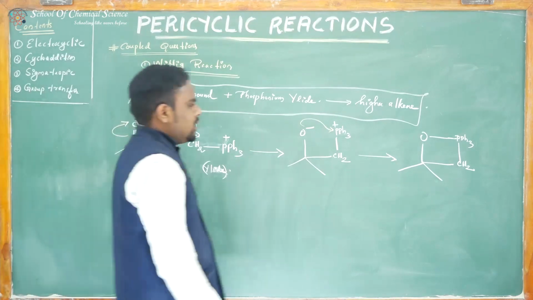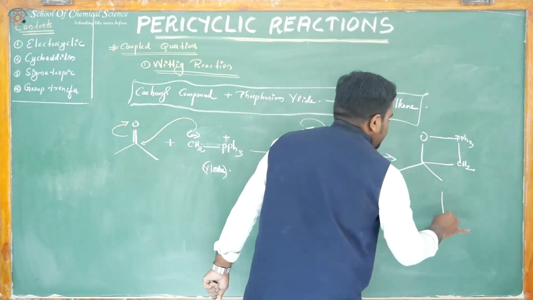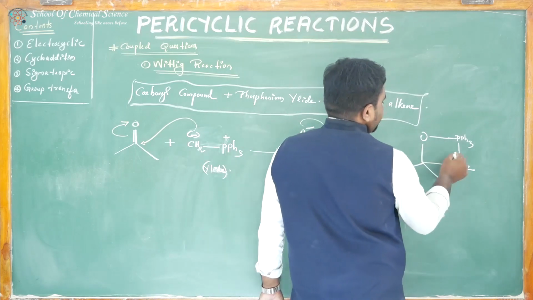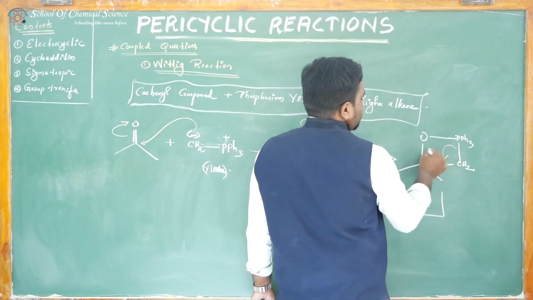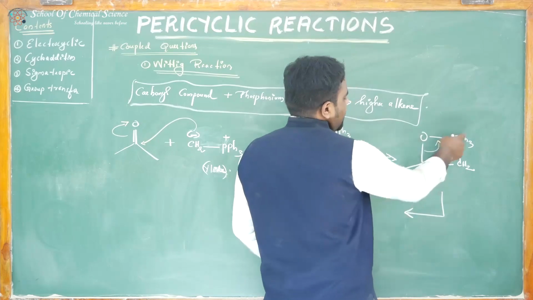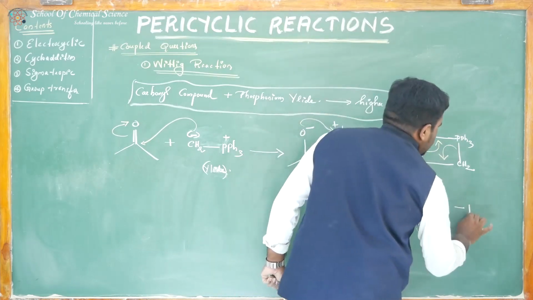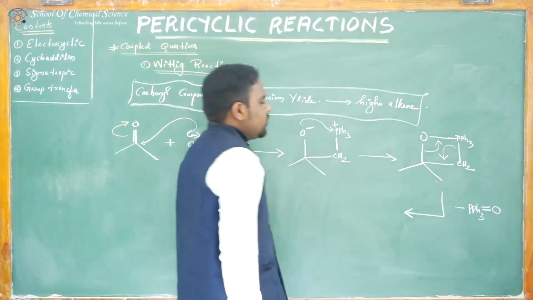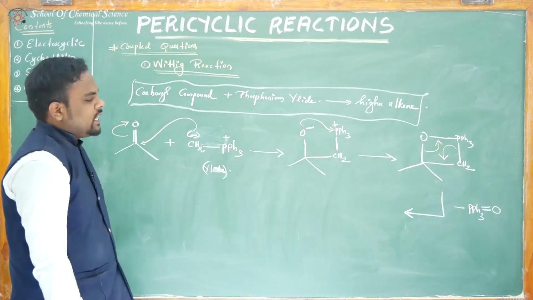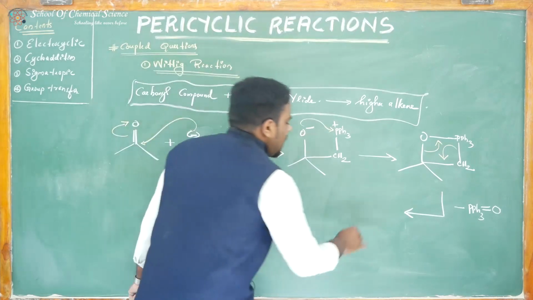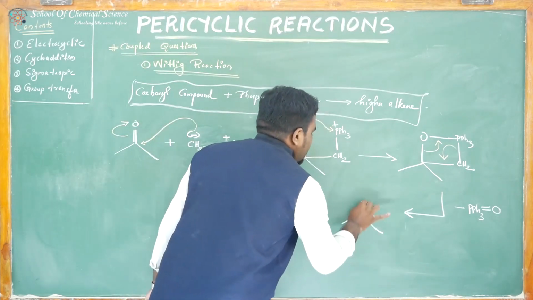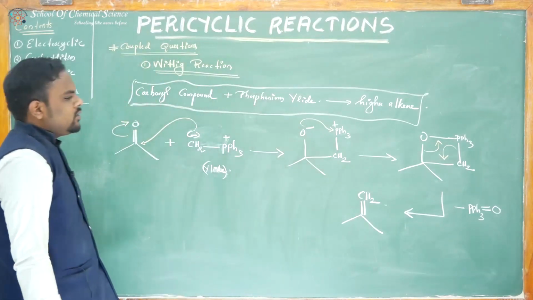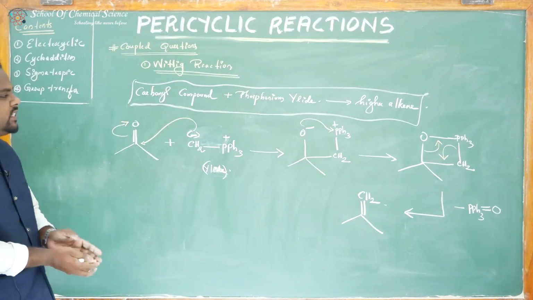Then in the next step, Ph3P=O, phosphine oxide, is eliminated and you will get the product with a C=CH2 double bond.